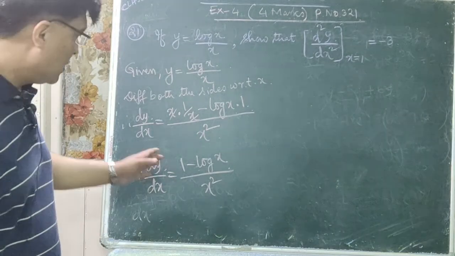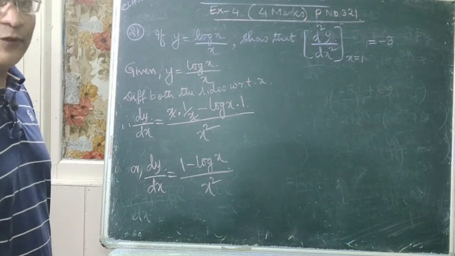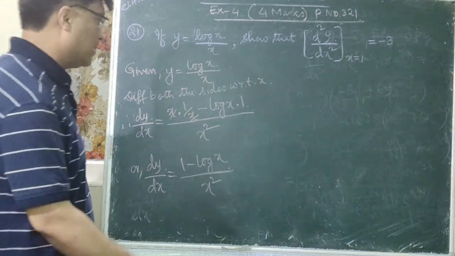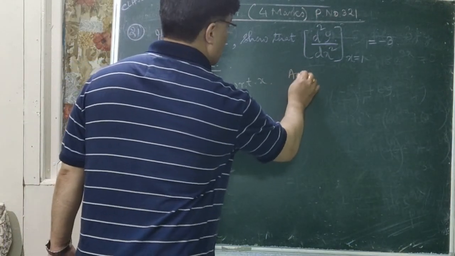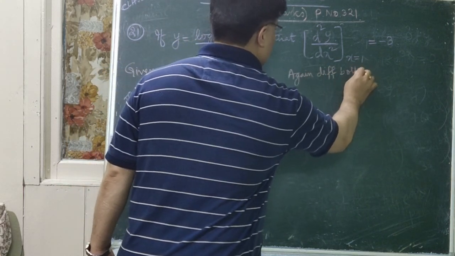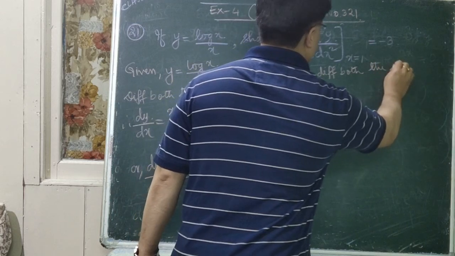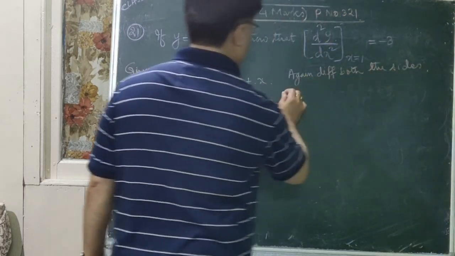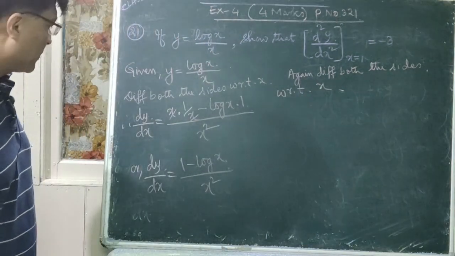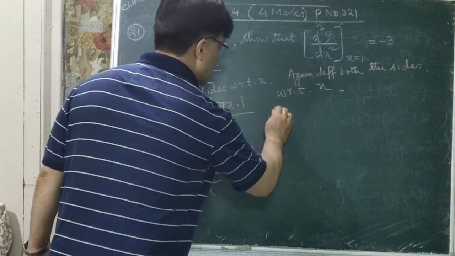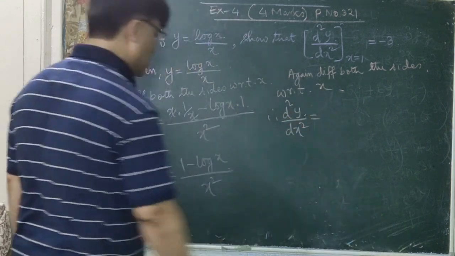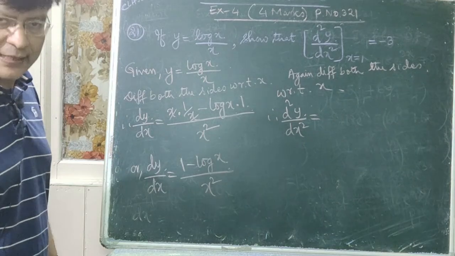Now again you have to differentiate it to get the value for d2y by dx square. So again differentiating both the sides with respect to x, dy by dx becomes d2y by dx square, equal to the differentiation of the right hand side.